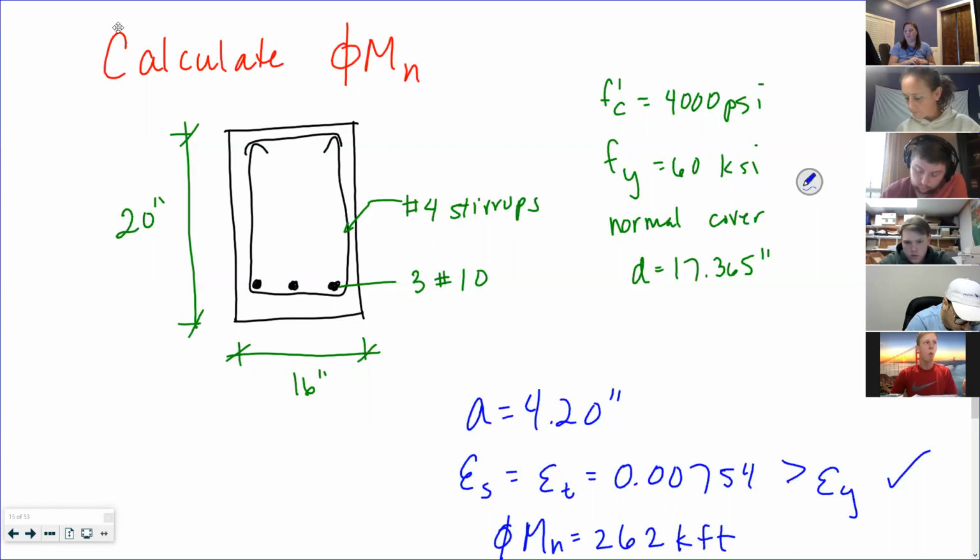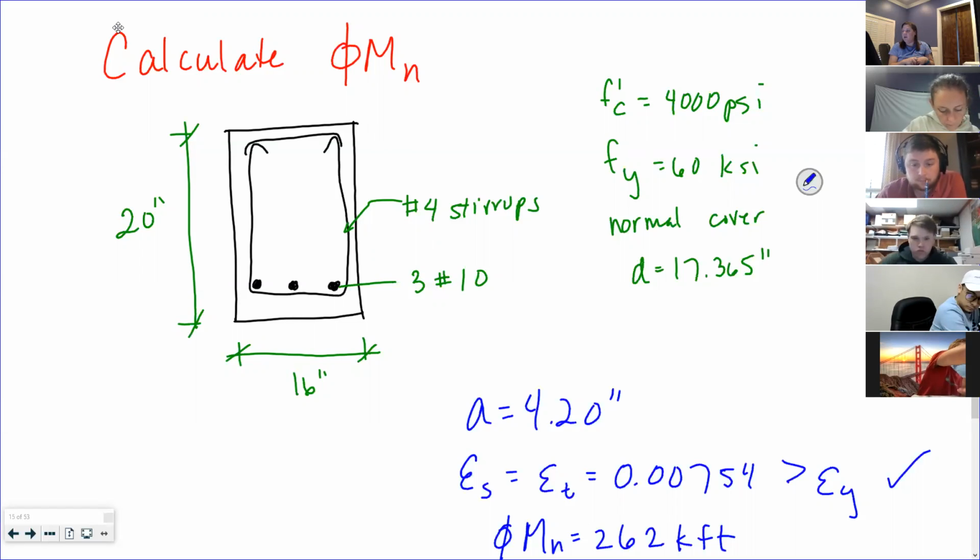Okay. So yeah, don't reuse the a. Calculate a new one because you have a different area of steel. You don't have 3.58. You have 3.81. Or I think it's 3. If I keep saying the wrong numbers, it's the other one. But yeah, the numbers that we had before, you have to recalculate.